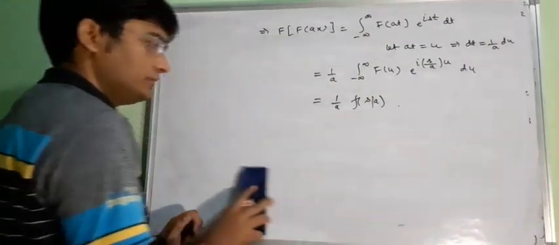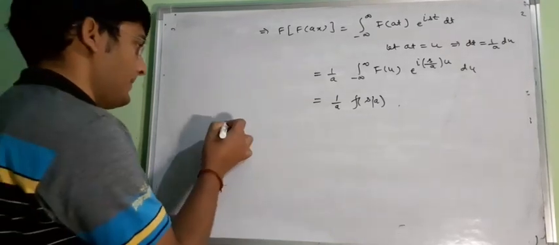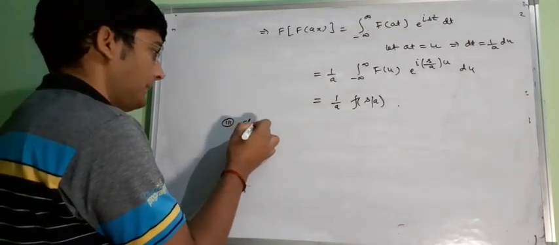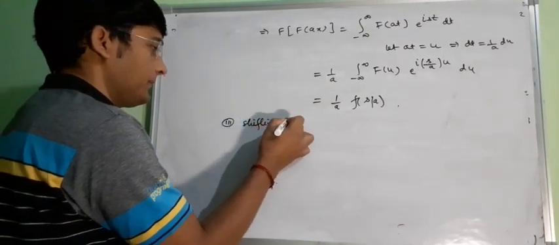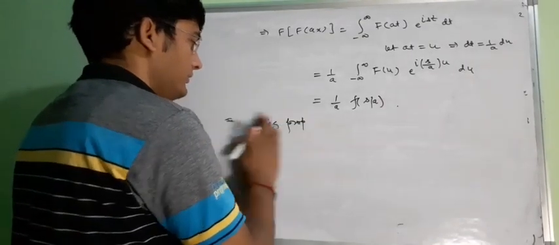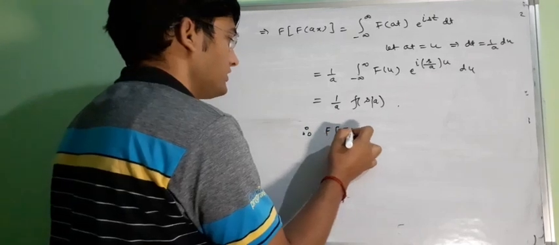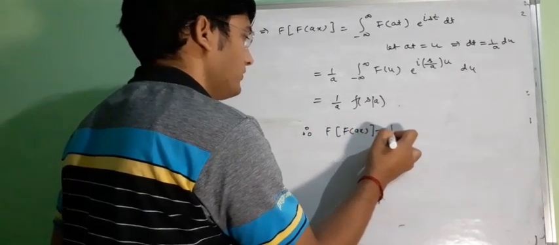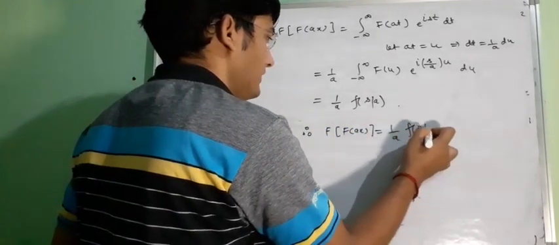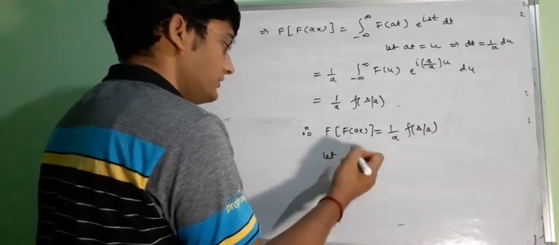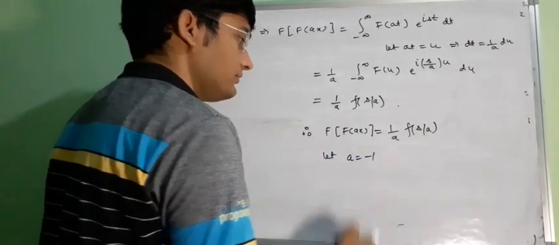Then shifting property. Okay, before that, what have we proved? We have proved that the Fourier transformation of f(ax) is equal to 1 upon a F(s upon a). Let us assume a equal to minus 1.